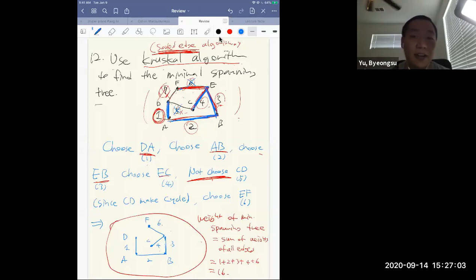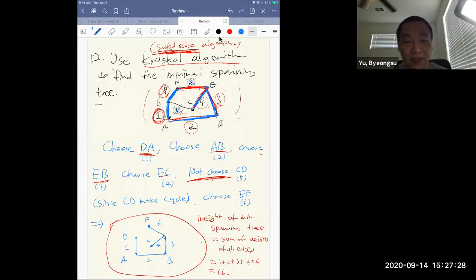So the objective of the sorted edge algorithm is to find the Hamiltonian circuit. So it needs to have all the edges, right? So the only possible one is 7, TF. Then you can see that since this is not a complete graph, we cannot get any circuit here.